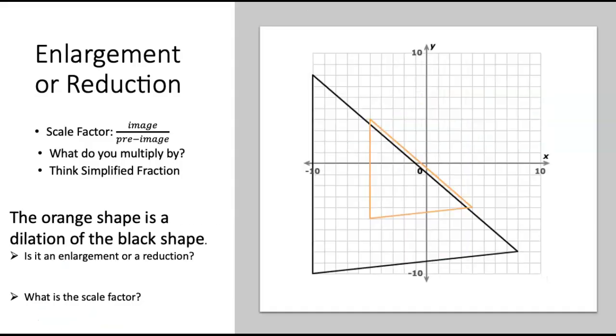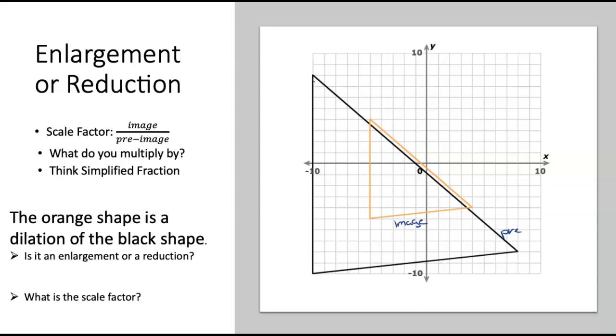Let's try another one. Still looking at enlargement and reduction, the orange shape is a dilation of the black. So remember, the black we call the pre, and the orange is the new image. I'm looking for sides that are easy to count. Diagonals are not easy to count on a grid. Up and down is easy to count. So let's look at the black one here.